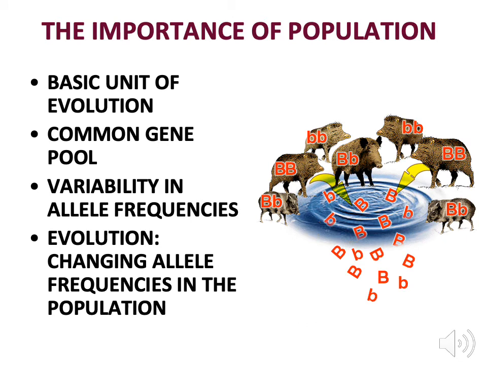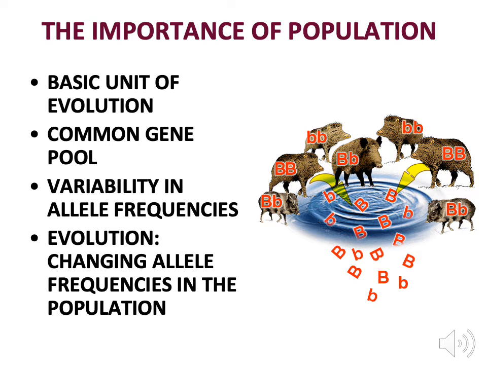We've already made the observation that individuals do not evolve. Natural selection does not act on individuals, even though individuals are an important component of what natural selection actually does. But the importance of the population cannot be underscored, because the population is our basic unit of evolution. The population is where we find these genes.